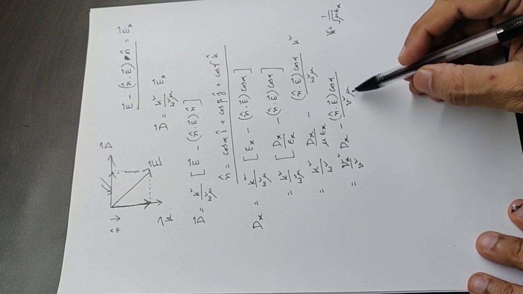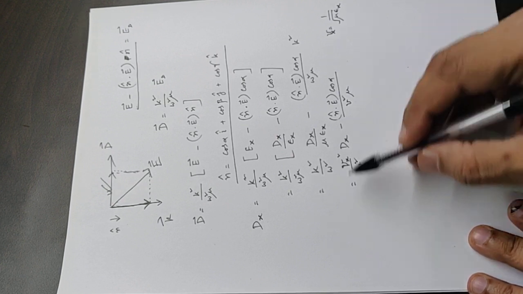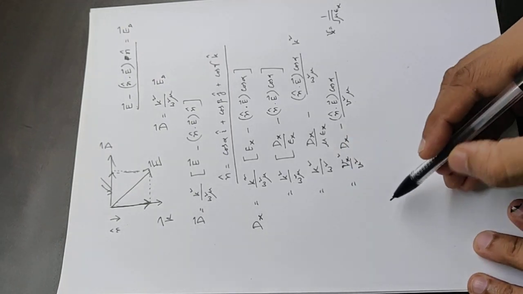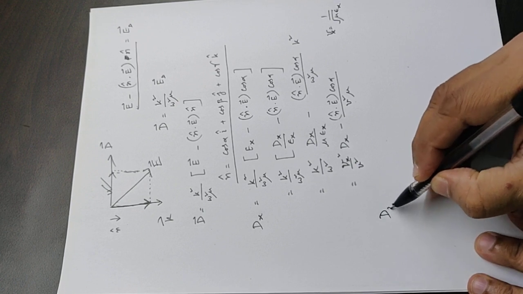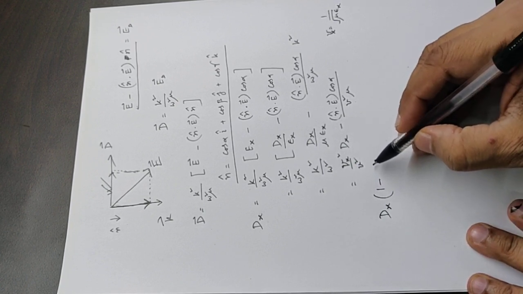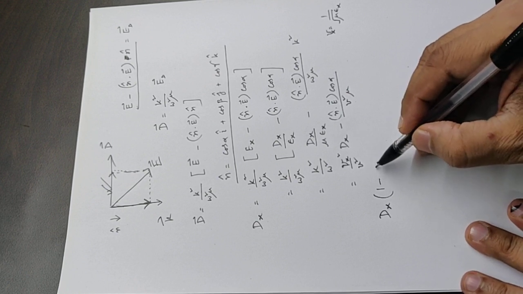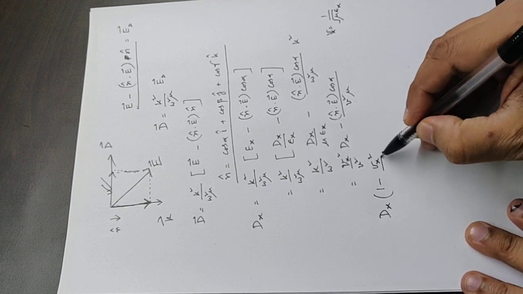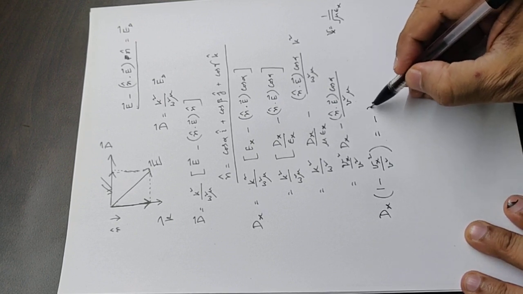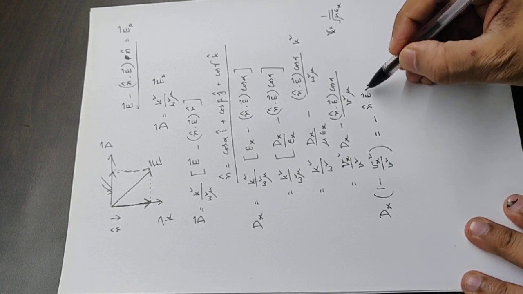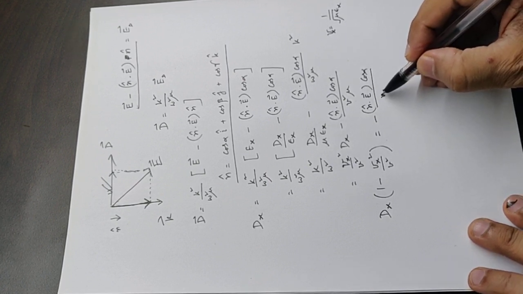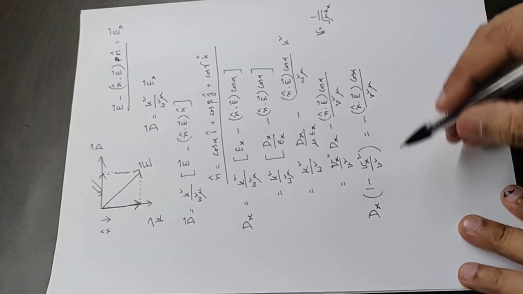I can write this as dx, if I take this one this side, so dx common, you have 1 minus Vx square by v square equal to minus n dot E cos alpha by v square mu.